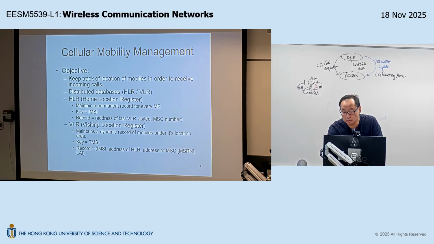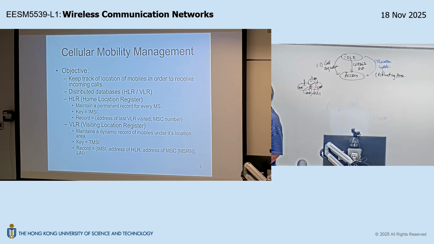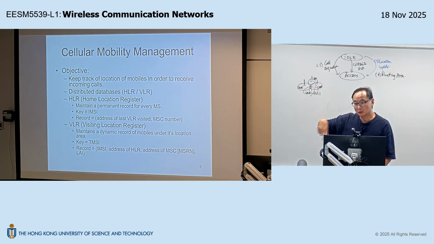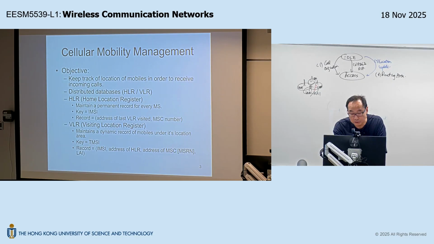As I said briefly when we talked about part 2, this IMSI is sensitive, so you want to minimize the chance of transmitting IMSI over the radio interface, because when a sniffer gets a copy of your IMSI, they can copy your SIM card. So at the home location register, the IMSI is the key to retrieve or update the permanent record of the mobile station.